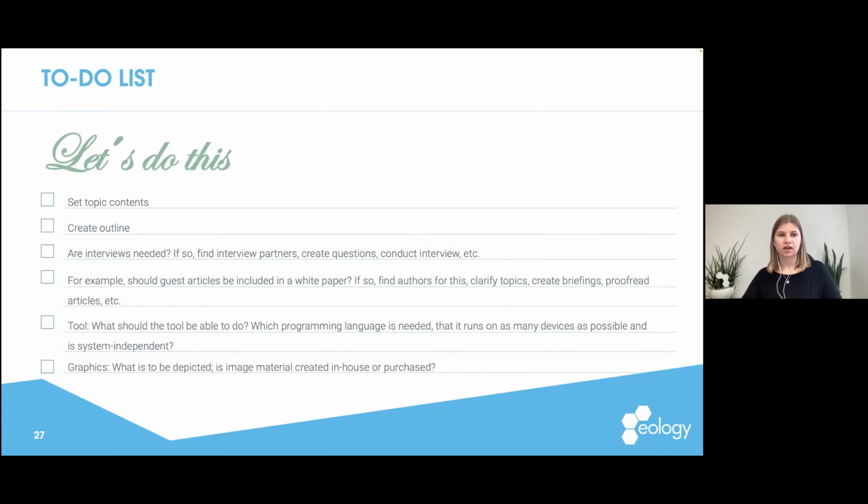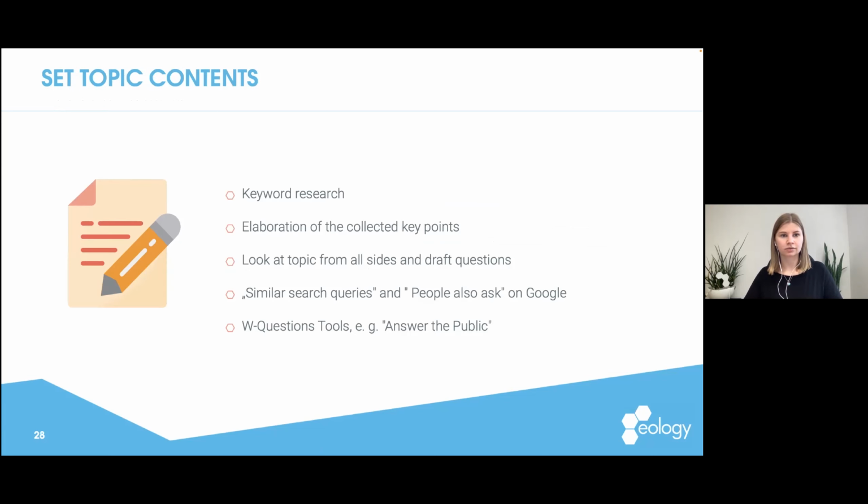We also have a to-do list for you. You can just use this list and check off the points you have already accomplished. It's actually the same as before, just as a list. Then you have to set the topic contents through, for example, keyword research.